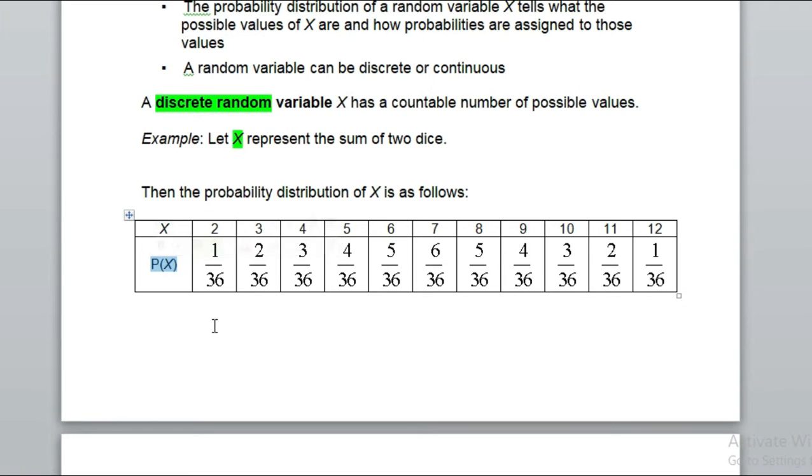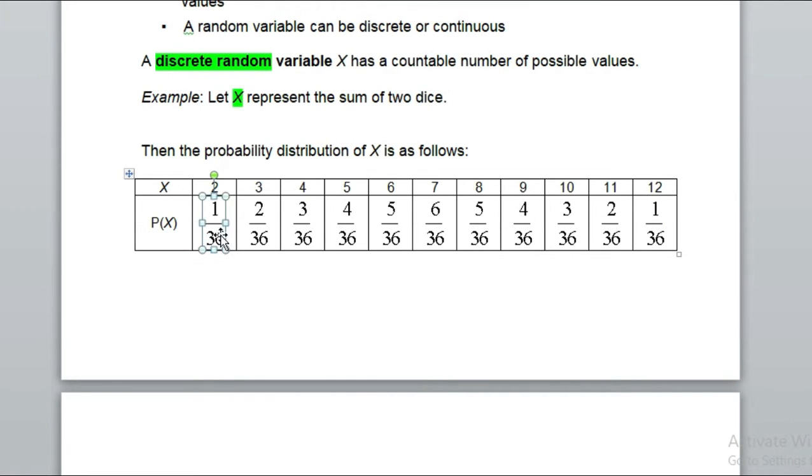If x is 2, then the probability of x is 1 by 36; for 3 it is 2 by 36; for 4 it is 3 by 36.